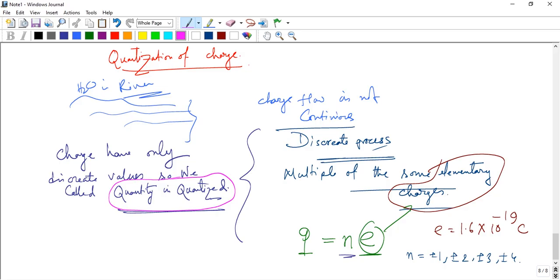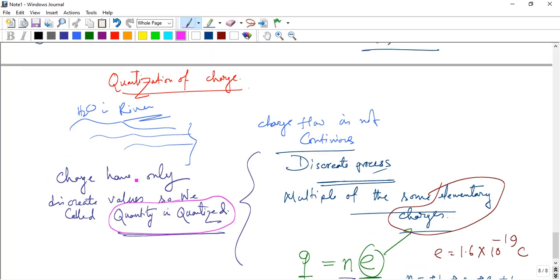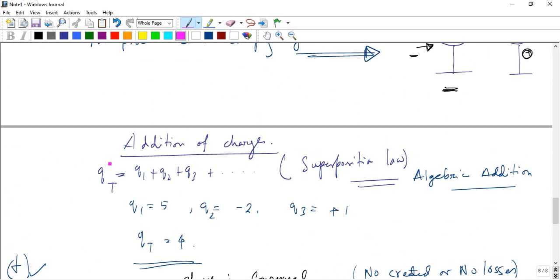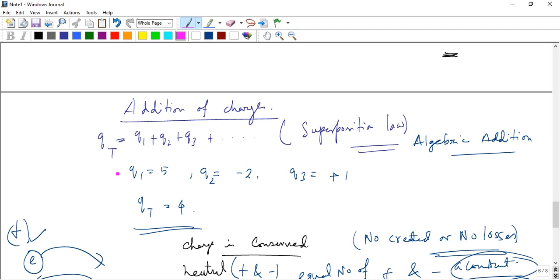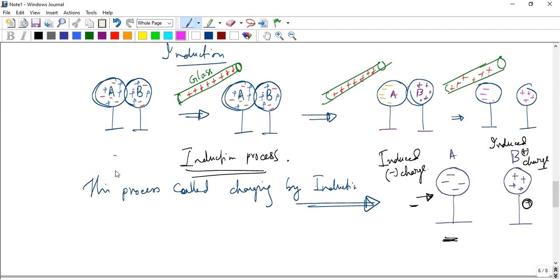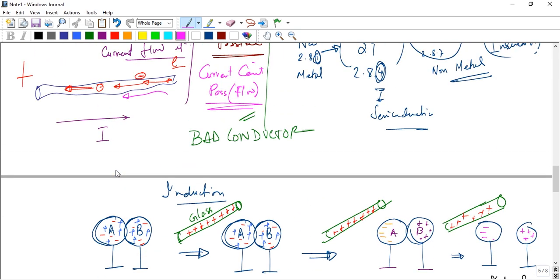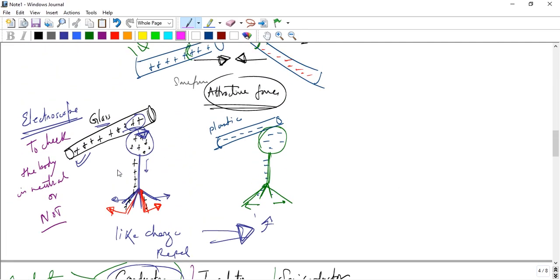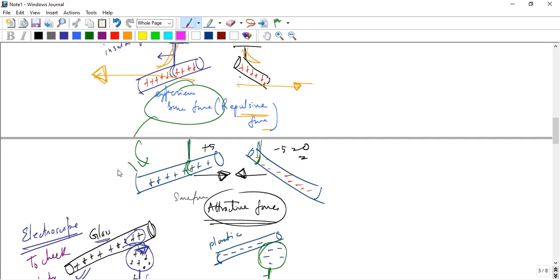Okay, so today we end the class here. We discussed the basics: what is charge, quantization of charge, addition of charge, conservation of charge, induction, conductor, insulator, semiconductor, and electroscope.